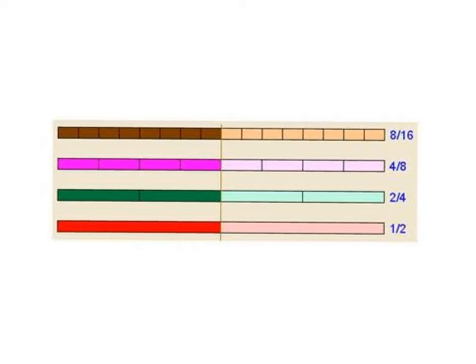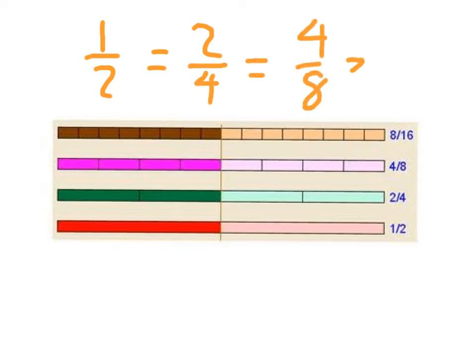If you look at 1 out of those 2 parts shaded right there, 2 out of those 4 parts are shaded, 4 out of those 8 parts, and all of those are equivalent. So we have 1/2 does equal 2/4, does equal 4/8, does equal 8/16.